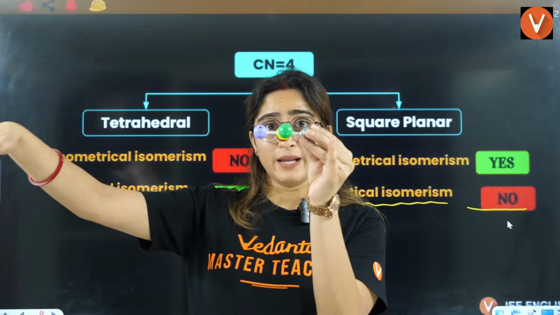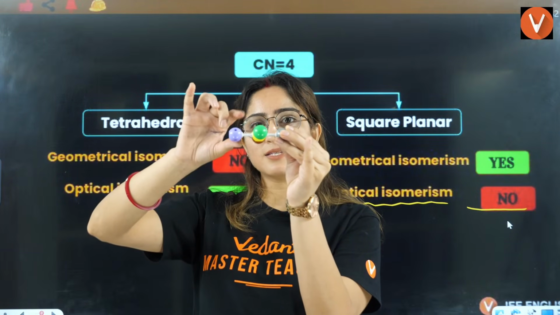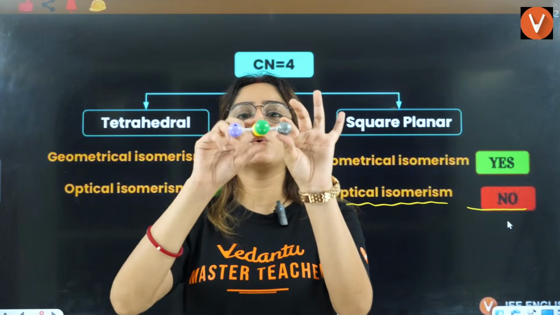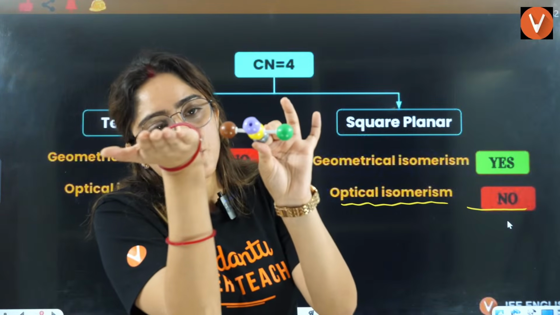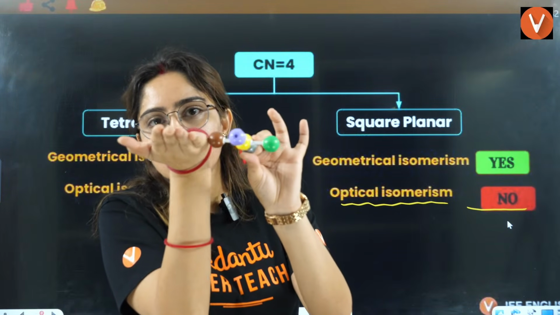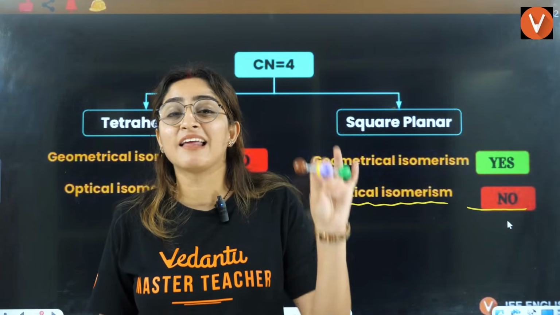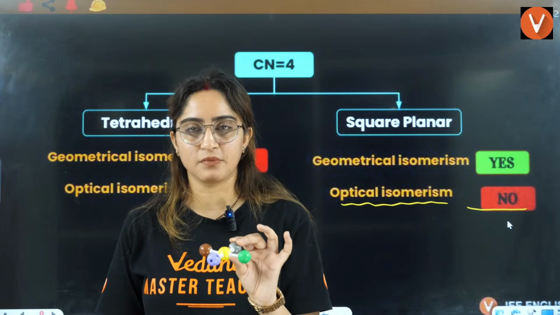There is one plane that will pass like this. It will cut this atom into half, this atom into half, this atom into half, and this atom into half. That plane is going to cut every single thing into half, and that plane will always be present.